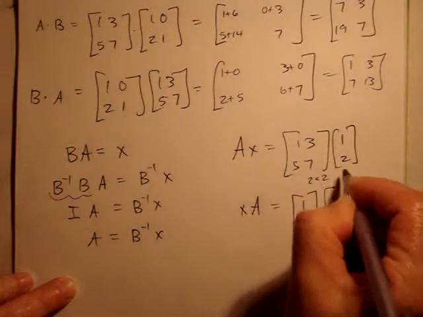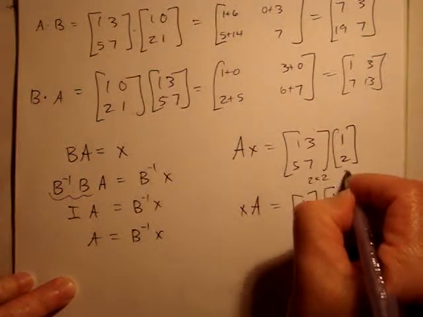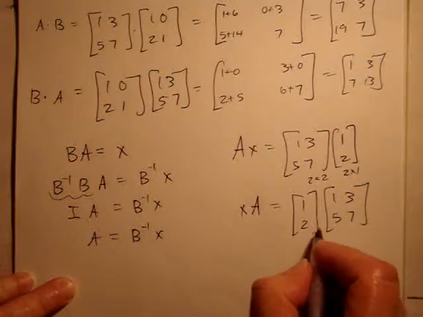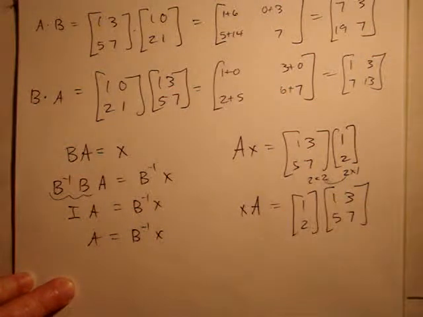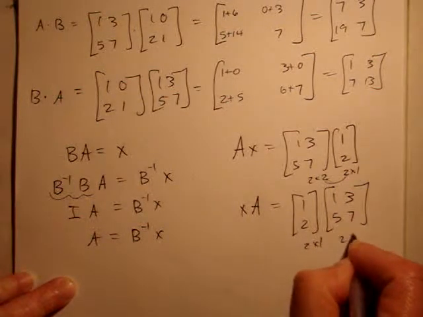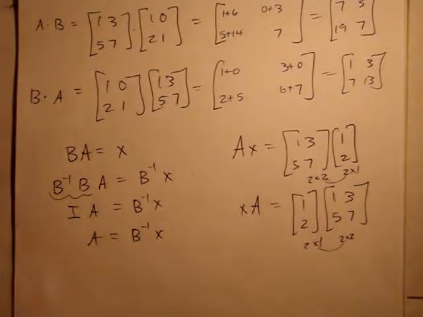This is 2 by 2. This is 2 by 1. And so the inner dimensions agree and you can do the multiplication. This one is 2 by 1 times 2 by 2. And the 1 and the 2 don't match. You can't do the multiplication at all. So hopefully this gives you the idea that matrix order is important.